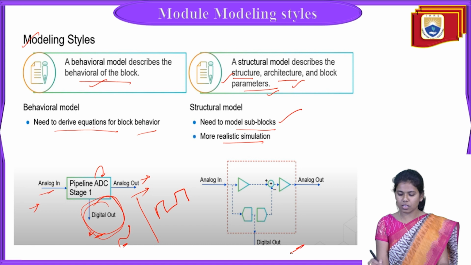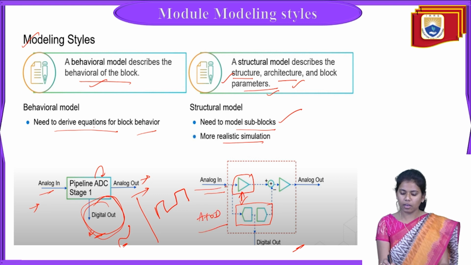Whereas here in the structural model, you see analog in, you have a buffer gate, and that buffer gate is given to the gates, where the mechanism is done. We have to get A to D conversion, right? So analog in means we have to get the digital out.